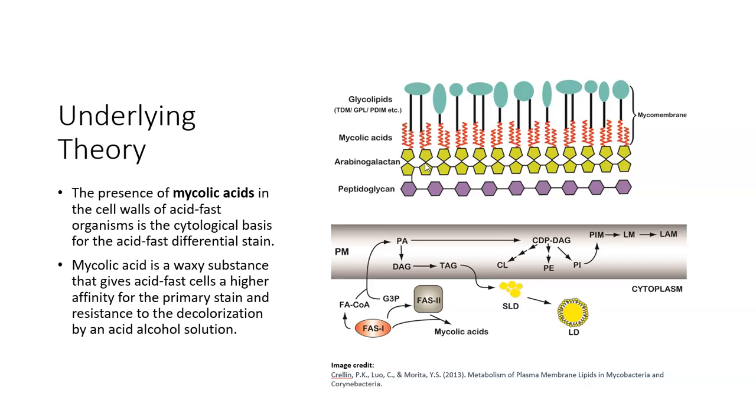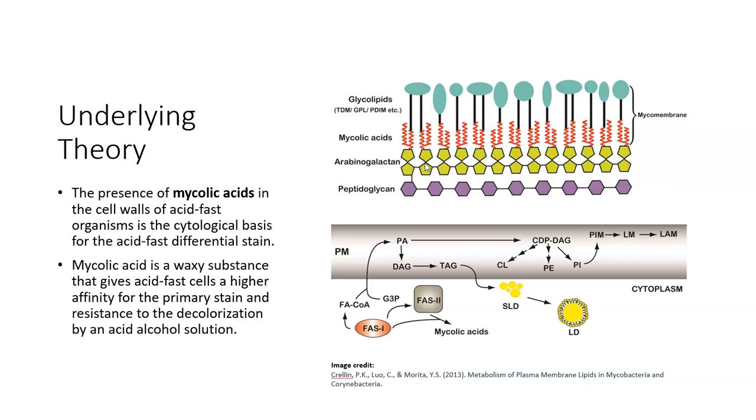When macrophages engulf the TB bacteria and release the digestive enzymes, unfortunately the TB bacteria is protected from those digestive enzymes by the waxy cell wall with the mycolic acids. So it lets Mycobacterium tuberculosis survive in a dormant state within the macrophages. Then at some point, if the individual becomes immunocompromised, the bacteria can be released and cause an active infection within the lungs. So it's actually a kind of virulence factor that Mycobacterium tuberculosis have.